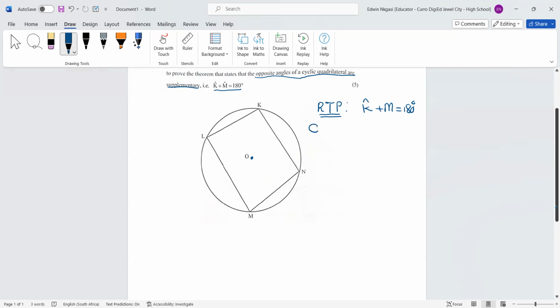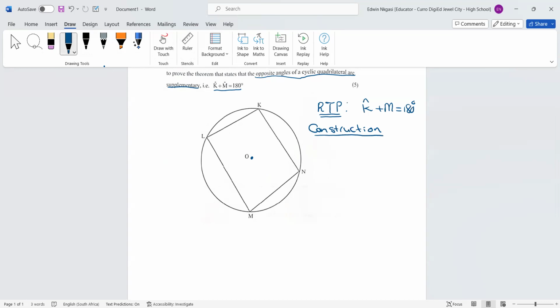All right. Step number one, we need to do the construction step. Remember, I said that under construction you don't need to write the word construction. However, it's important for you to remember the step. But if you write it, that's still fine. Under construction, what are we going to do? We have to draw radii.